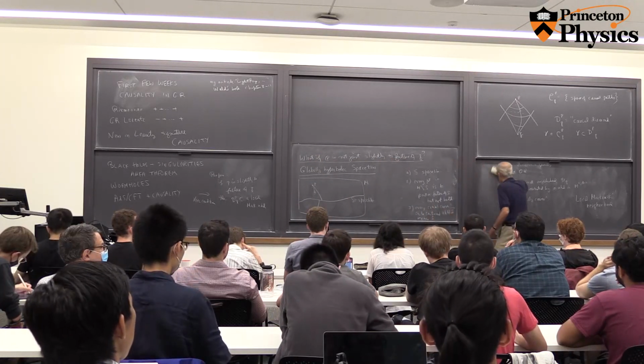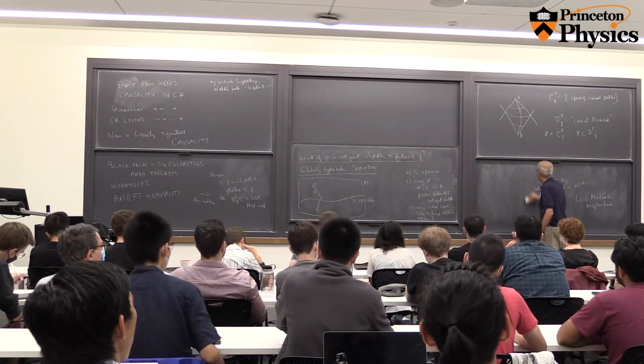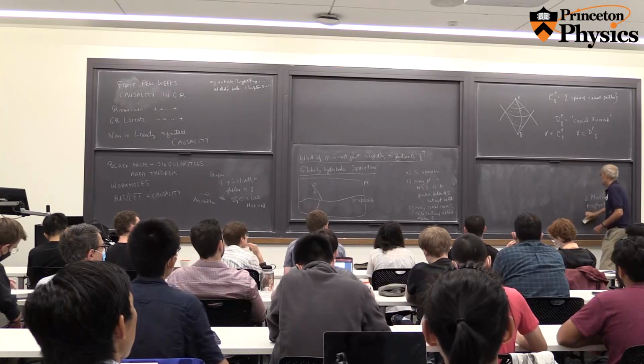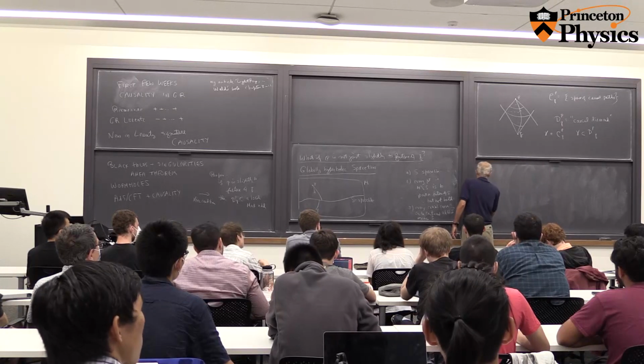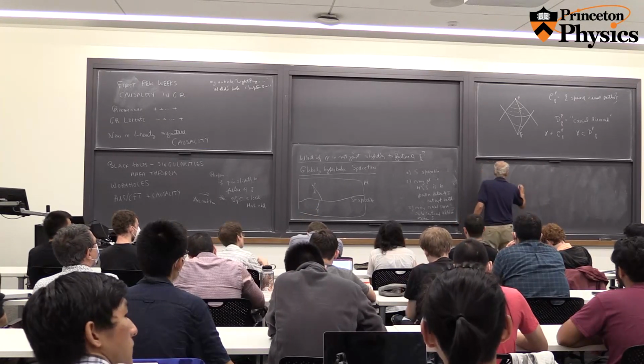So for example, let's check that Minkowski space is globally hyperbolic by this definition. We can take S to be, for example, the hypersurface T equals 0.